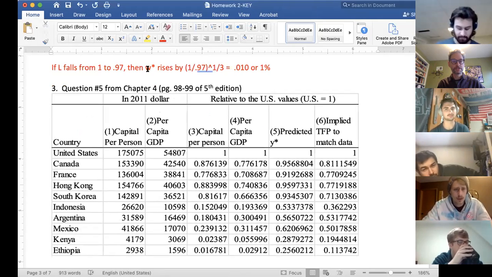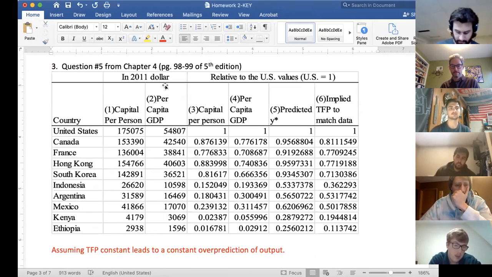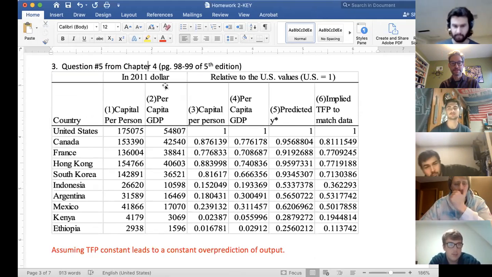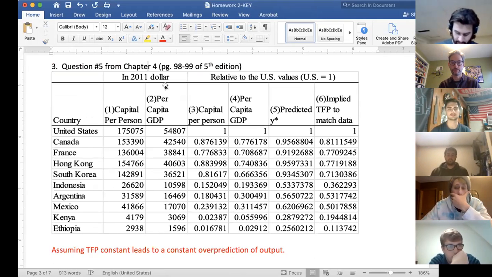Okay, question number 5 from chapter number 4. I think most of us had no problem with this. If there was a mistake, I actually tried to just copy and paste this formula into your answers or into your homework so that you could refer to it back.